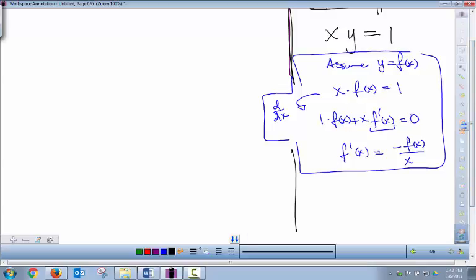Now, if I were to do this using the regular implicit differentiation, if you remember the rules, you treat y as a function of x.